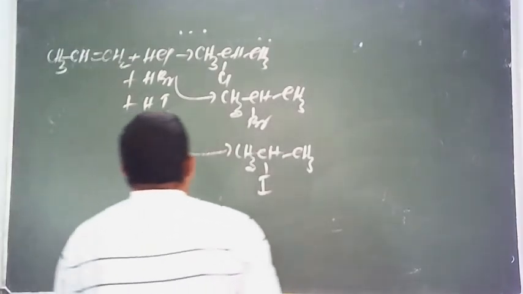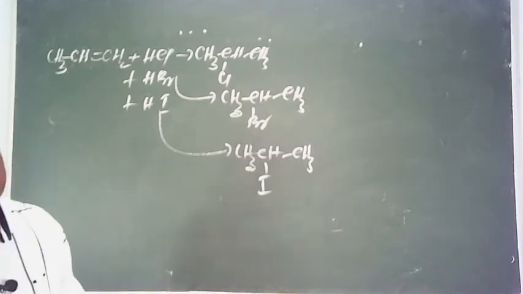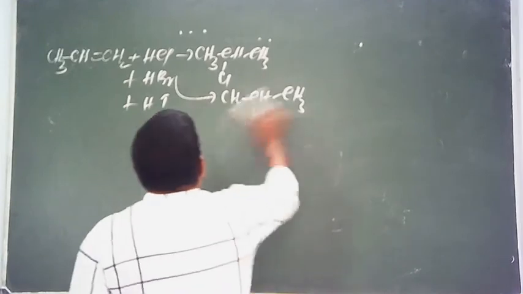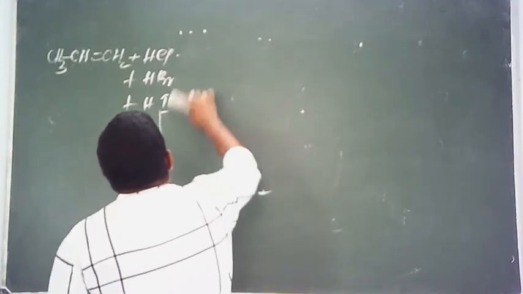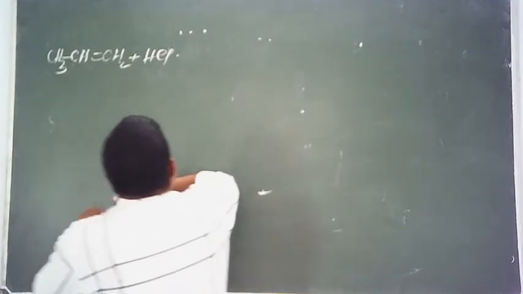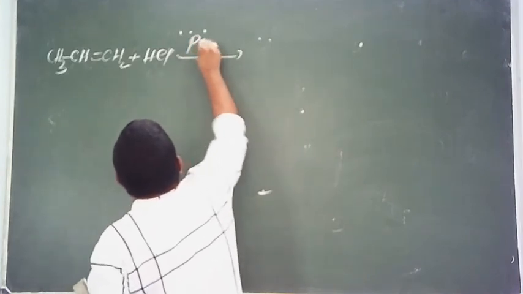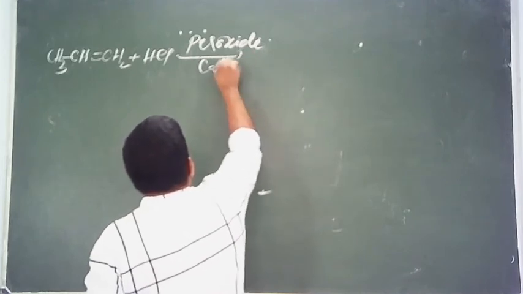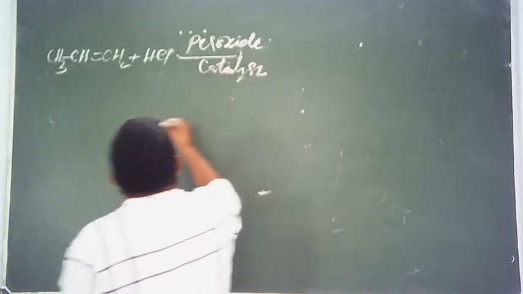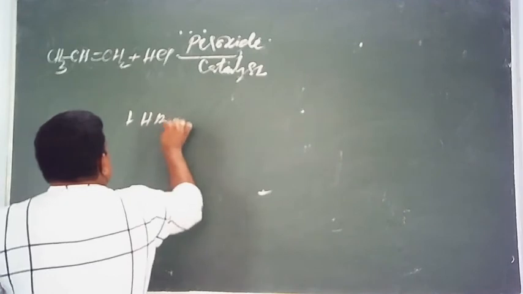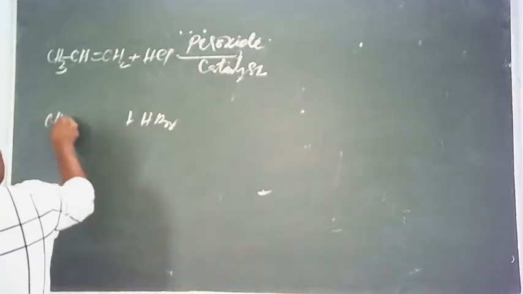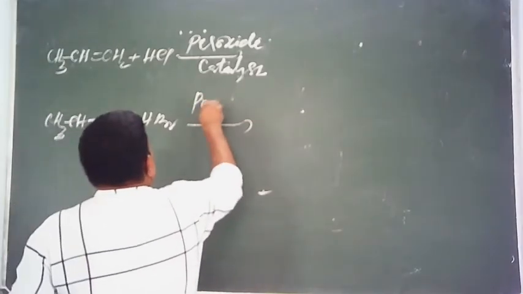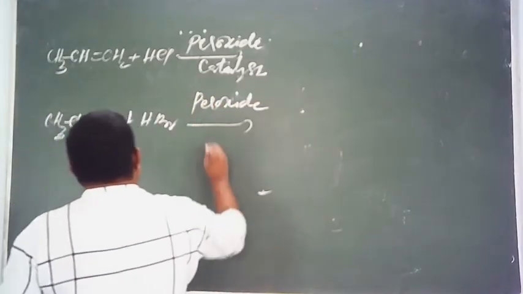Let me do one thing. Let me carry out the same reaction in the presence of a peroxide catalyst, say benzoyl peroxide. HBr with CH3 CH double bond CH2, peroxide catalyst.